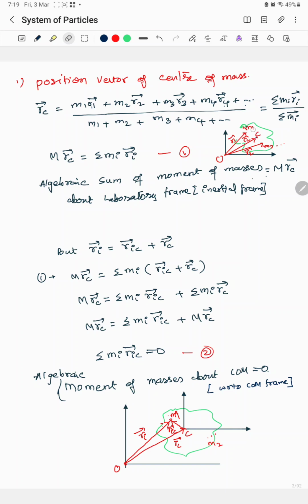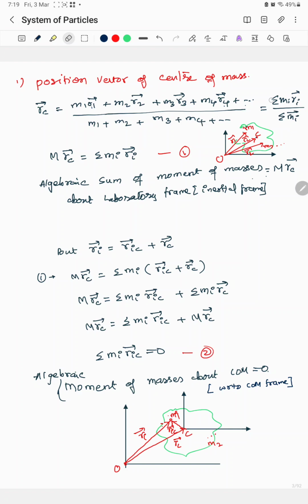And here C is the center of mass of the system of particles, and Rc bar is the position vector of the center of mass. Then as per the definition of the position vector of center of mass, Rc bar is equal to m1 r1 bar plus m2 r2 bar plus m3 r3 bar plus m4 r4 bar and so on, whole by m1 plus m2 plus m3 plus m4 and so on.